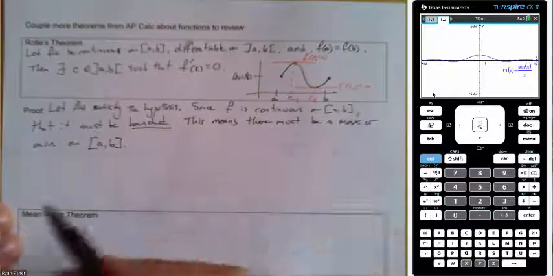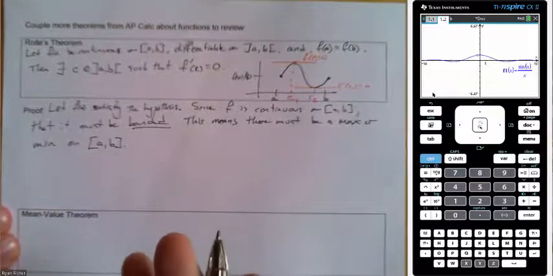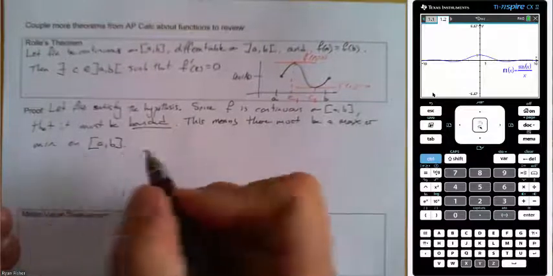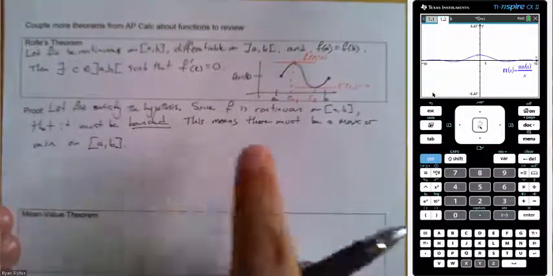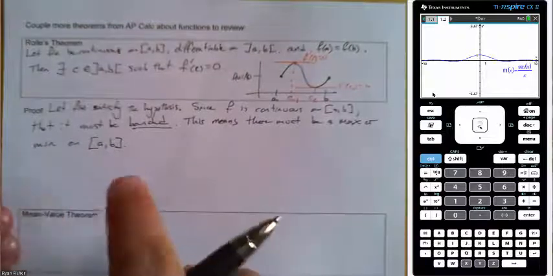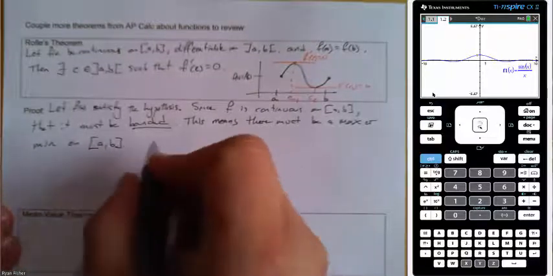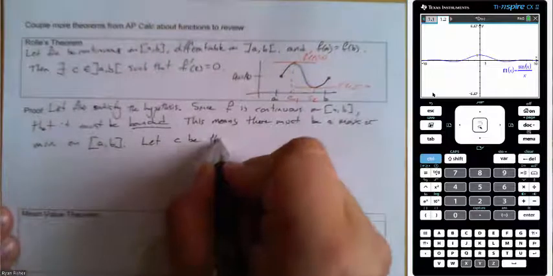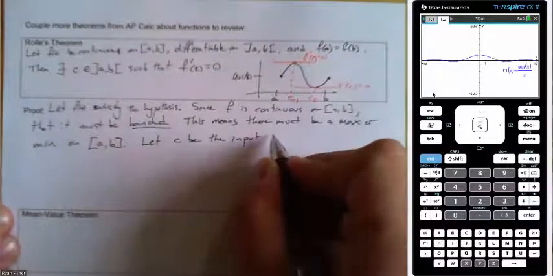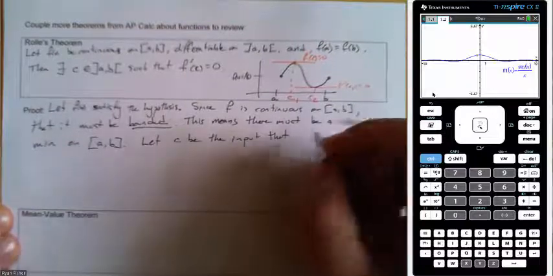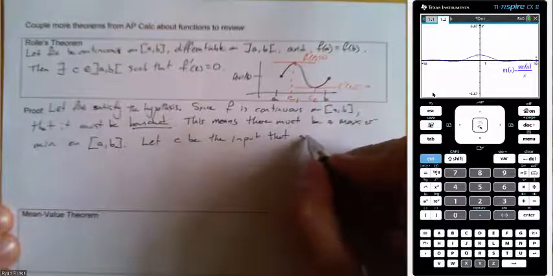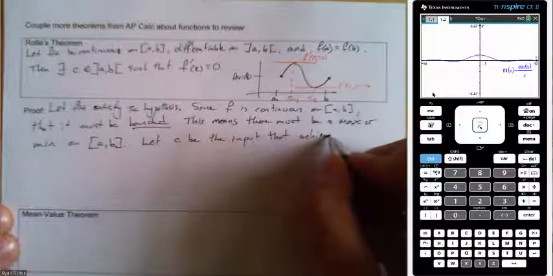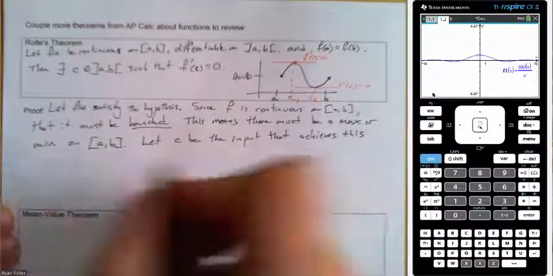Might be one or the other, it could be both, but there's at least one of them. So wherever this max or min is, we're going to let c be that value. So let c be the input that achieves this maximum or minimum.